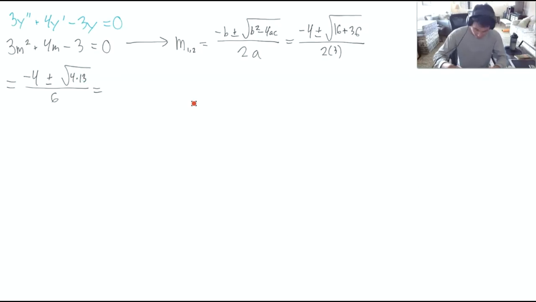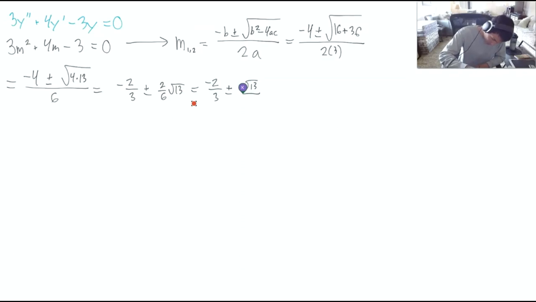You'll see why in a second. So this is going to be equal to negative 2 over 3 plus or minus square root of 13 over 3.